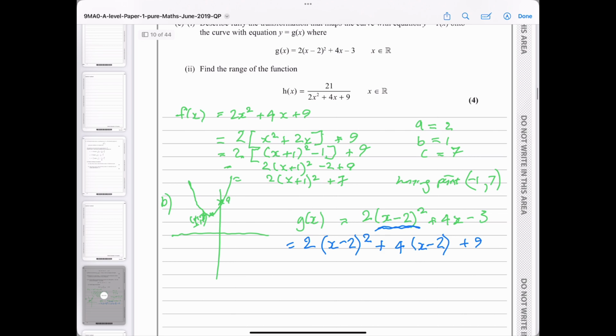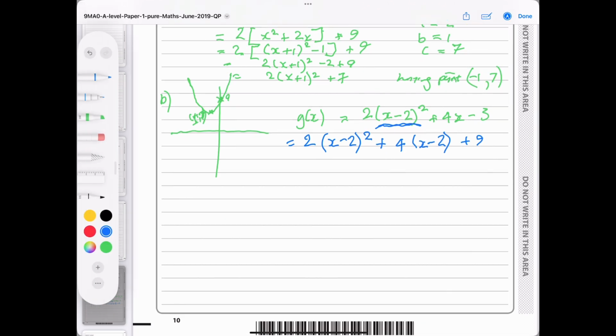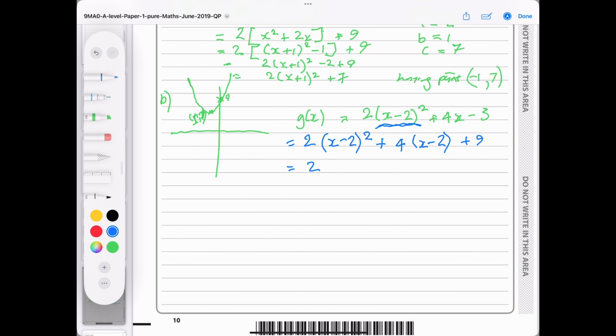And that's what we are now going to work on, because that's our transformation. There might be one more thing we have to do. So that means we get 2(x minus 2) squared plus 4x minus 8 plus 9, which is 2(x minus 2) squared plus 4x plus 1.